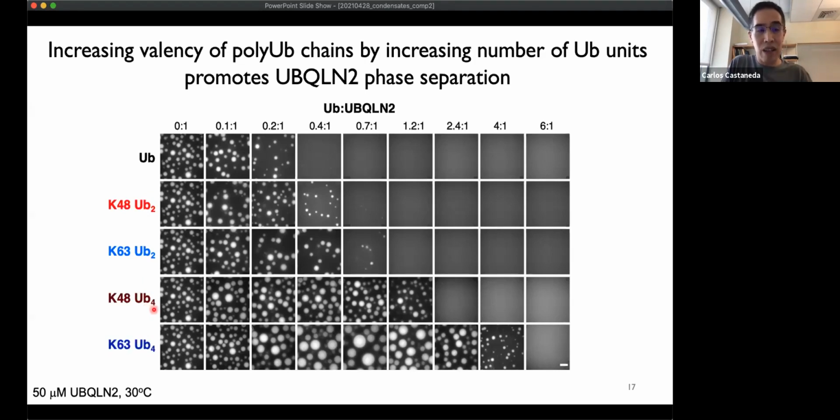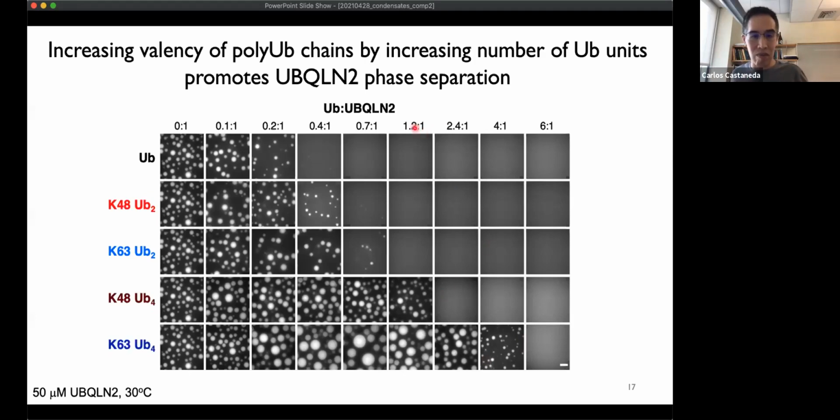So that was one takeaway, right? Increasing the number of units, increasing the valency, in other words, really can drive more phase behavior of ubiquilin-2 over a greater concentration range. But the other thing that we noticed, especially with K48 and K63, was that with K63, we actually promoted that phase behavior over a much wider range.